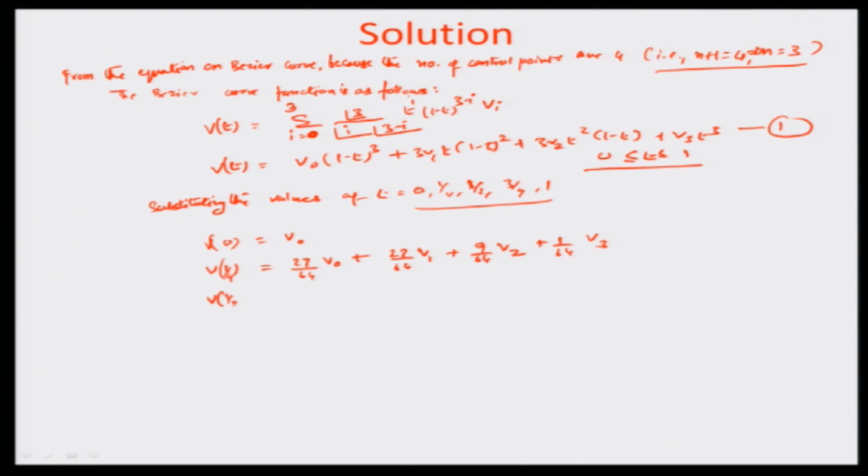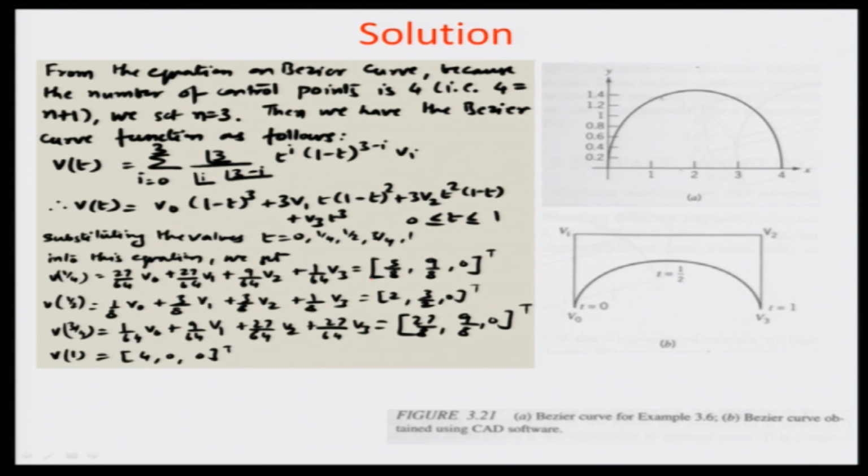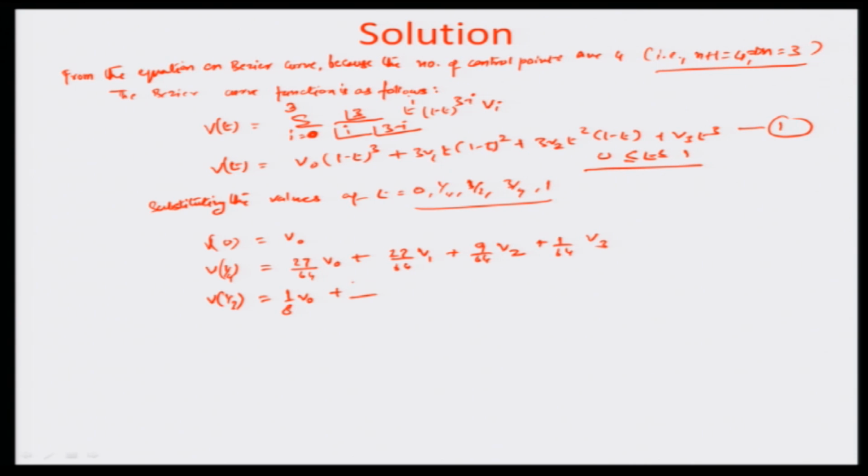Similarly, corresponding to t equal to 1/2, the equation gets modified to 1/8 V0 plus 3/8 V1 plus 3/8 V2 plus 1/8 V3.